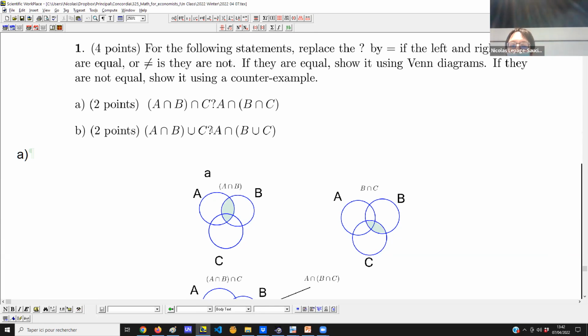Just try some simple things, and you might find that they're different. Give me a set for A, B, and C, and show me that A intersect B union C is different from A intersect B union C.